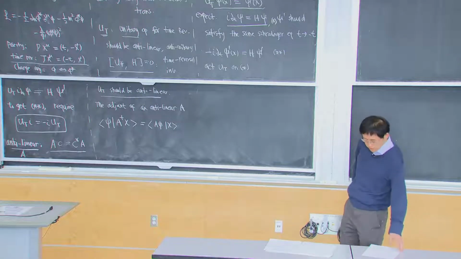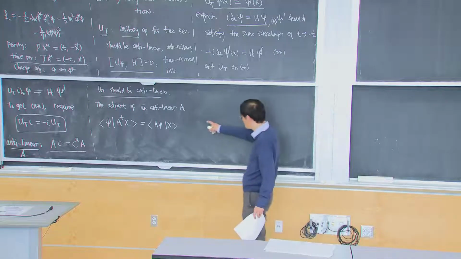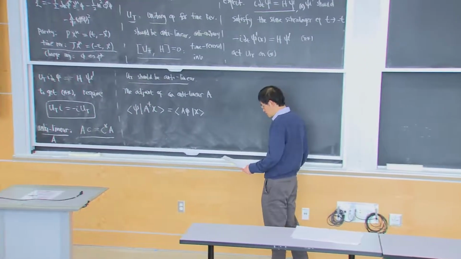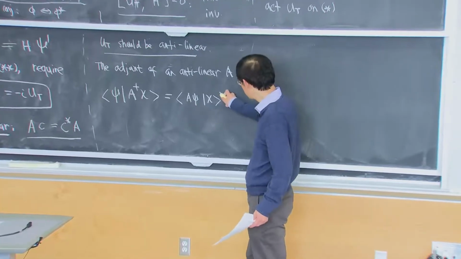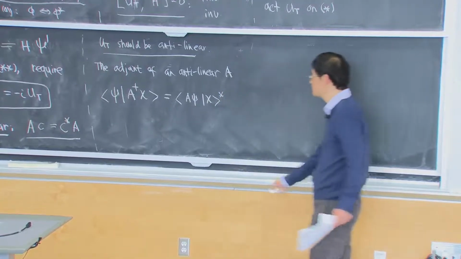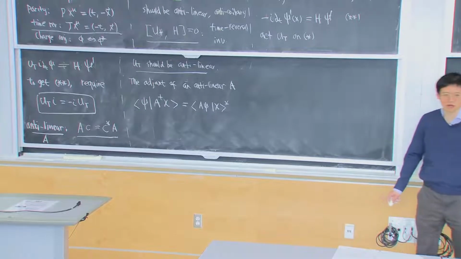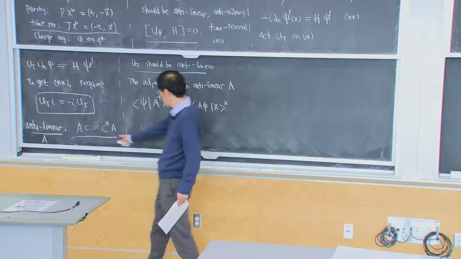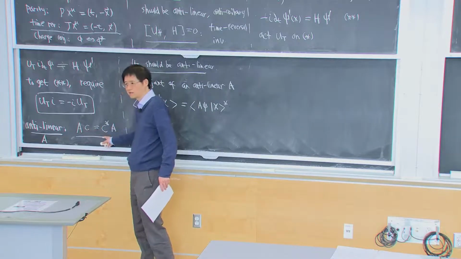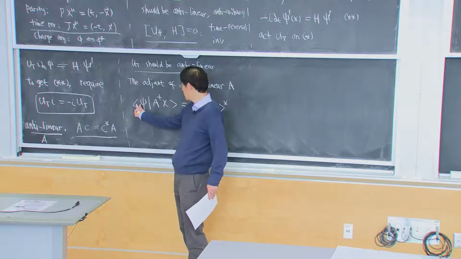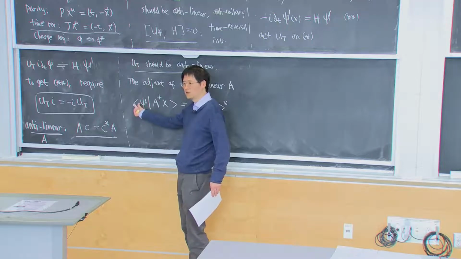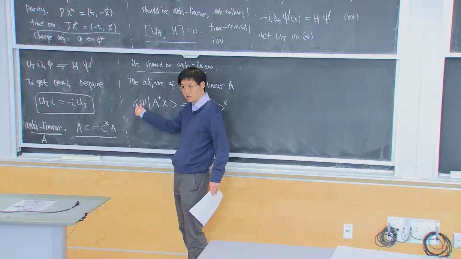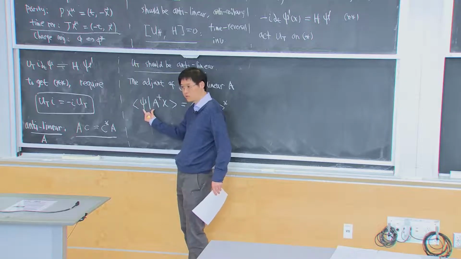So the way we define the adjoint should also be different. This is the standard definition. For antilinear operators, you have this definition and then you put an additional star. The reason you put the additional star is precisely due to this property: if you put the complex conjugate C number here, you should be able to take the C number outside the overlap.